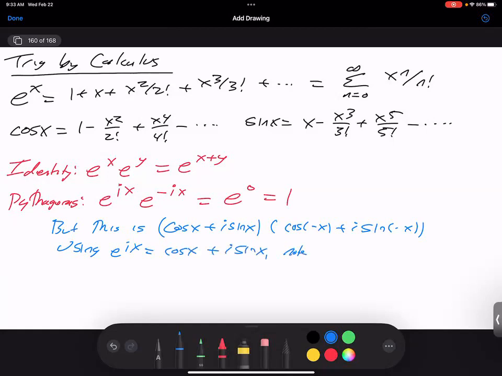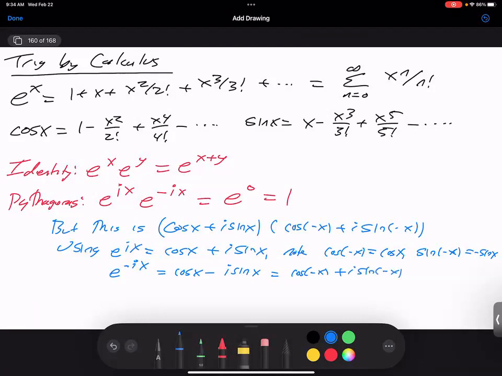And note, cosine of negative x is cosine x, sine of negative x is negative sine of x. This is because cosine is an even function, cosine of x is cosine of negative x. Sine is an odd function, sine of negative x is negative sine of x. You could also see that by using e to the minus ix. This is the complex conjugate. If you've seen this before, you basically replace all the i's with minus i's. It would be cosine x minus i sine x. And that's the same as cosine of negative x plus i sine negative x.